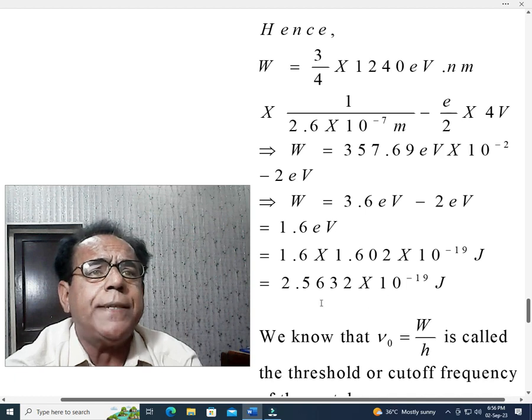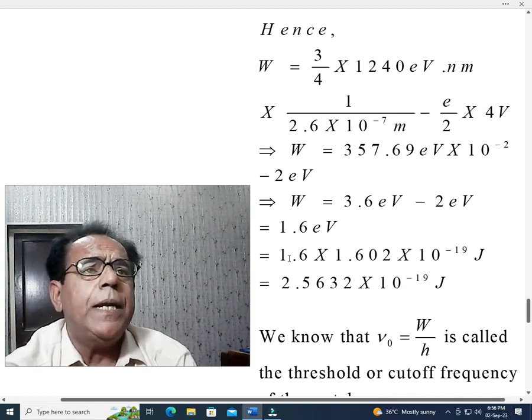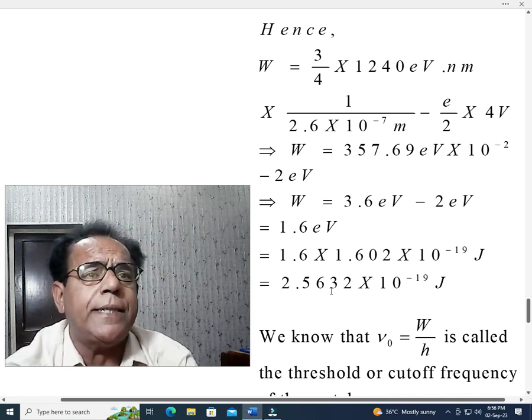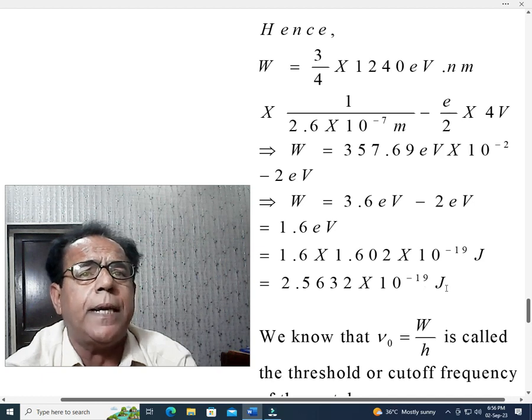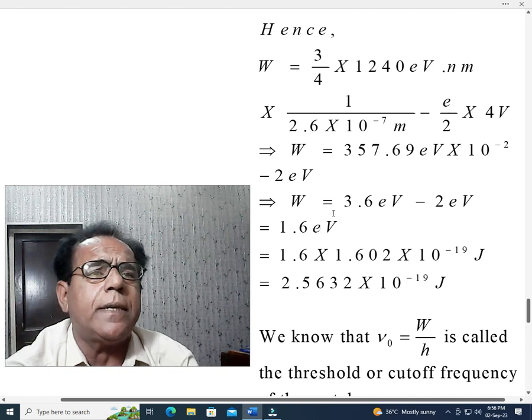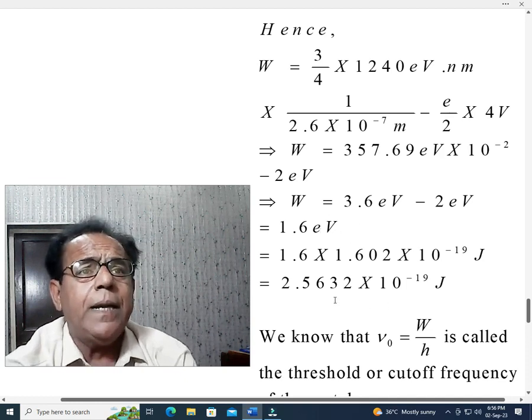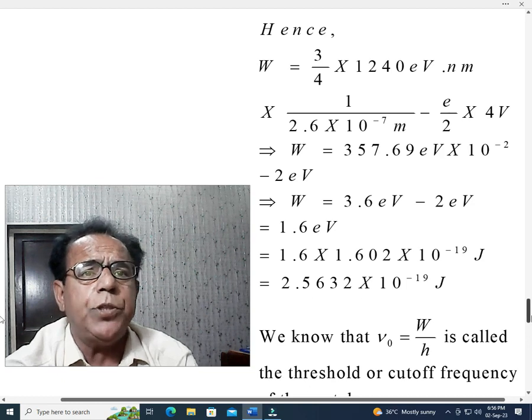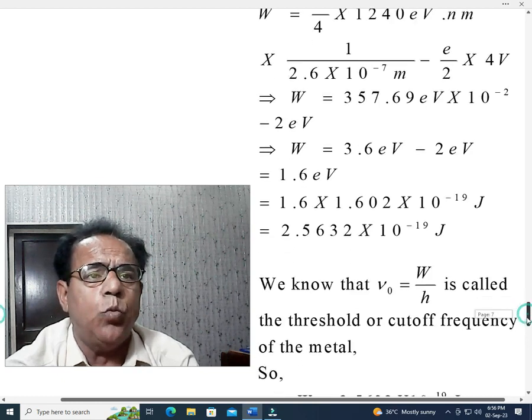After simplification we will get W equal to 2.5632 into 10 raised to the power minus 19 joule. Both these values are quite accurate and acceptable: 1.6 electron volt or 2.5632 into 10 raised to the power minus 19 joule.